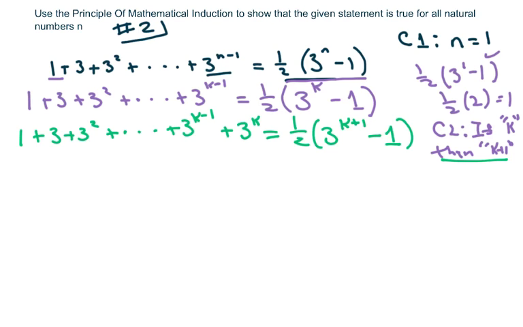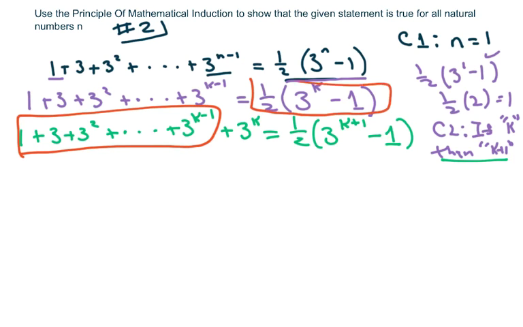Now, this equals this sum right here, so I'm going to copy it down: 1/2 (3 to the little k minus big 1) plus 3 to the little k.